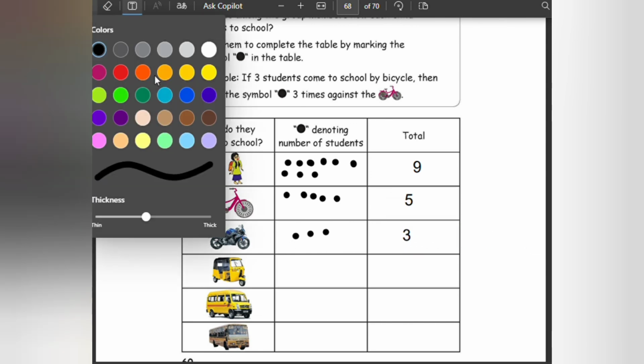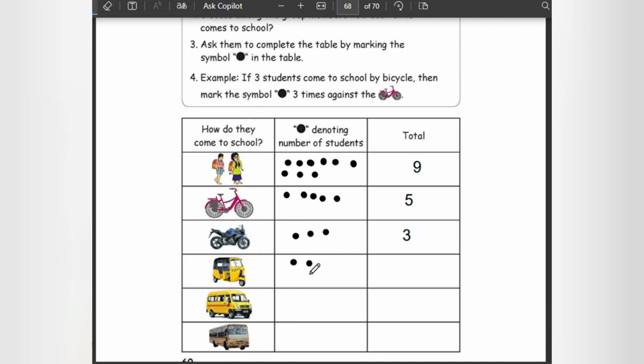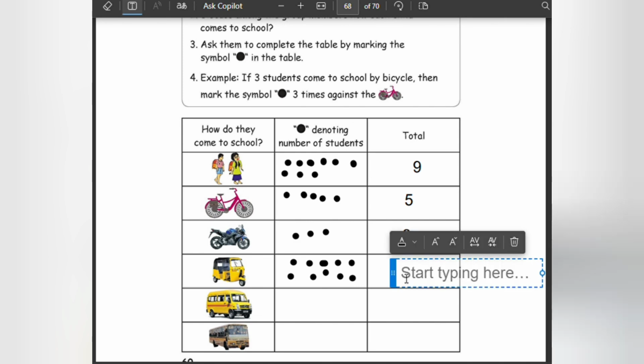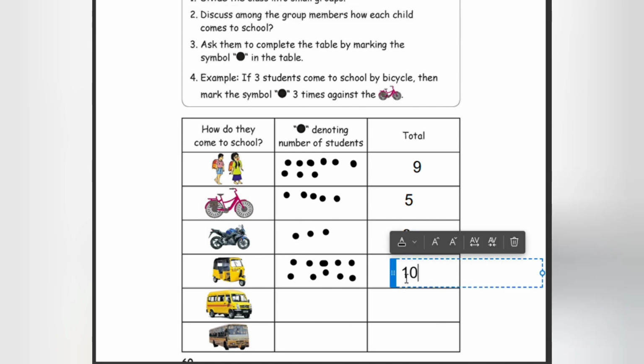By auto, how many will be coming? By auto, if 10, you can write 10. 3, 4, 5, 6, 7, 8, 9, and 10. So write here as 10.